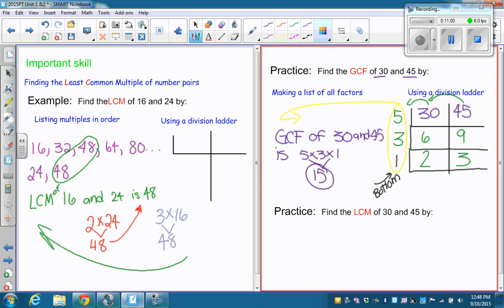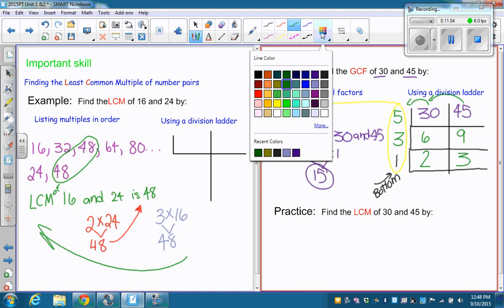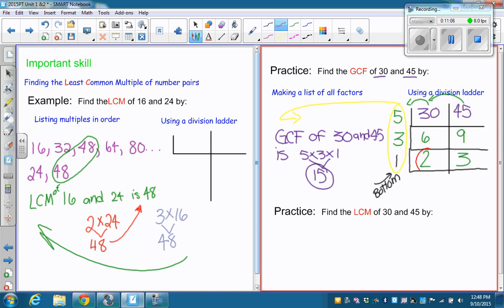And then the LCM, you just take the bottom of the ladder of one side and you multiply by the top of the other side. So the LCM is 2 times 45, which is 90.